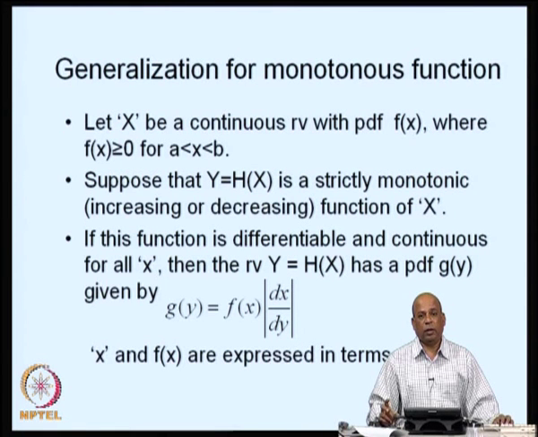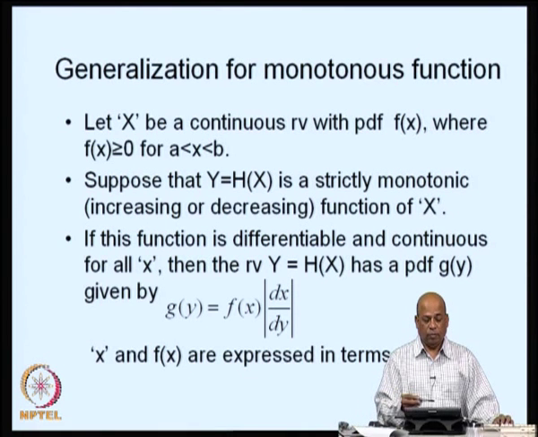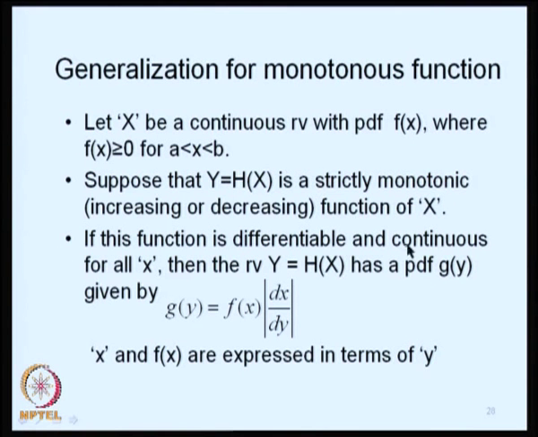We are talking about a single random variable and a function of a single random variable. Now, in this case, both x and f of x we express in terms of y. We have the functional relationship y is equal to h of x, from which we can express x in terms of y, and then we put that in the PDF f of x, and therefore, we express the PDF f of x also in terms of y.